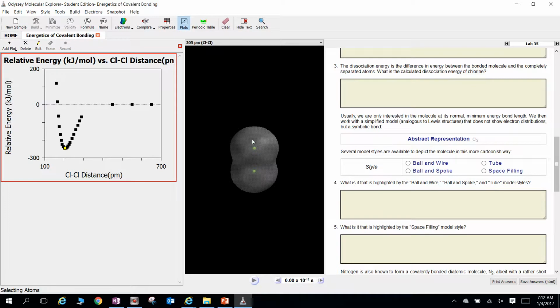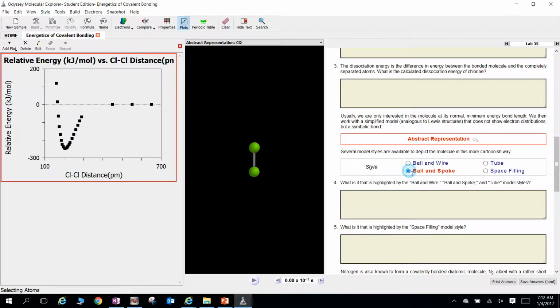So going down here, ball and wire. Oh, it kind of looks like a diagram that we've been drawing. Ball and spoke gives you a little bit more depth of the atom. And space filling is another way of showing you that electron density.